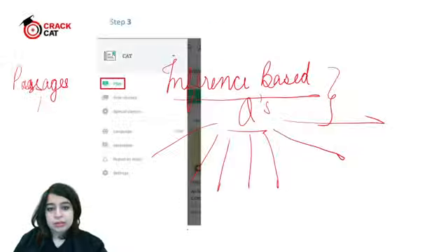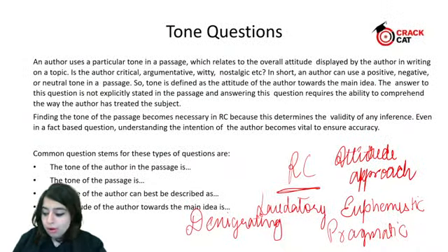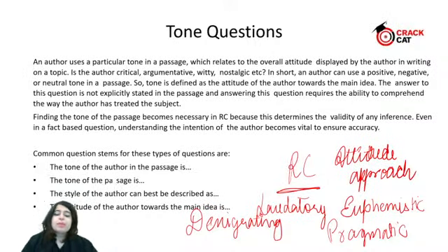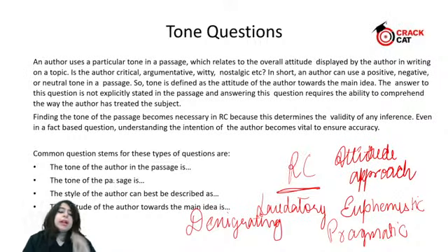Coming back to the topic that we were on. So, yes, this is what we were discussing, that how do we go ahead and mark the correct tone. So, the common question types for such type of questions are what? For example, the tone of the author in the passage is. So, what is the tone of the author? So, we have to mark that as the answer.